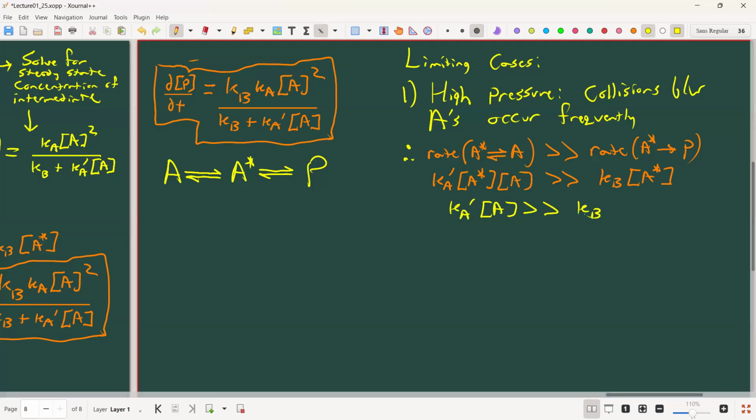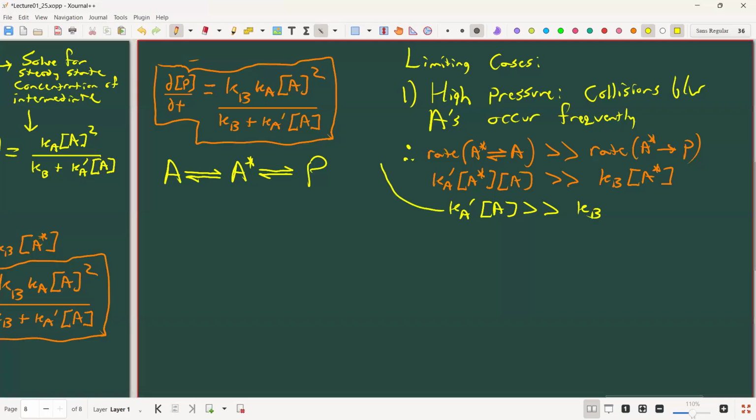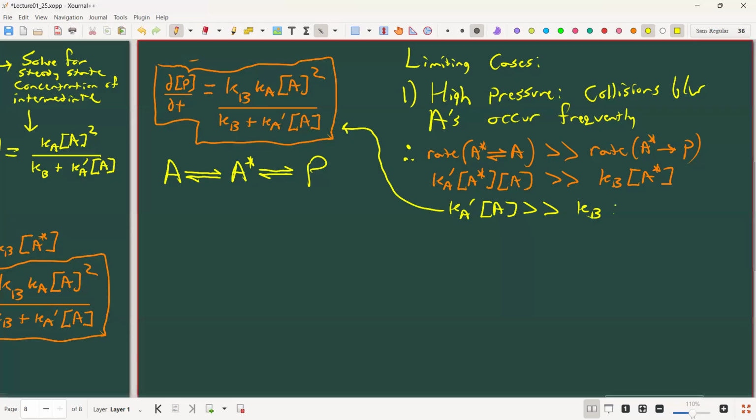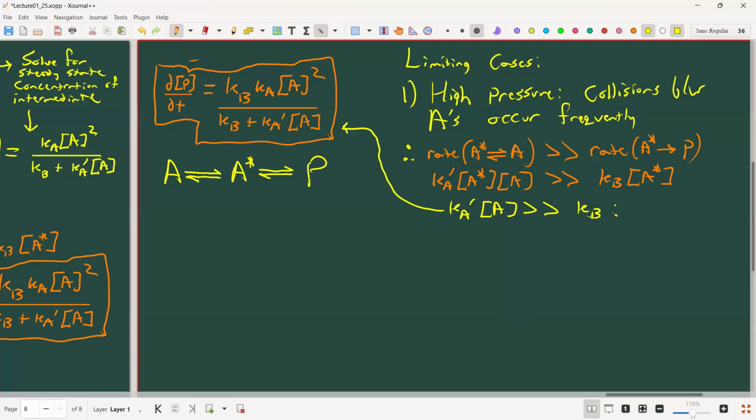Look at our denominator now. We can make an assumption here. If Ka prime times A is a really, really big number, we can neglect Kb. Imagine this number is 10 million and this is 1. What's the difference between 10 million and 10 million 1? Nothing. Who cares? So we can get rid of this Kb in this approximation.